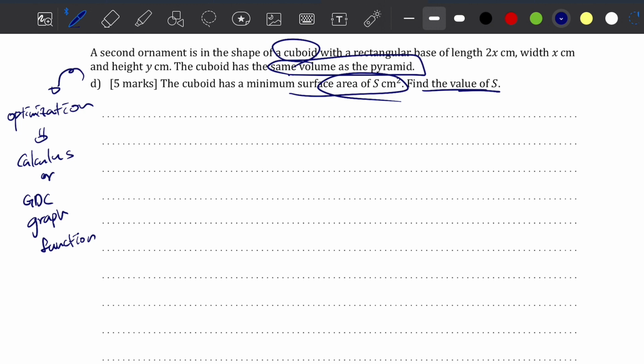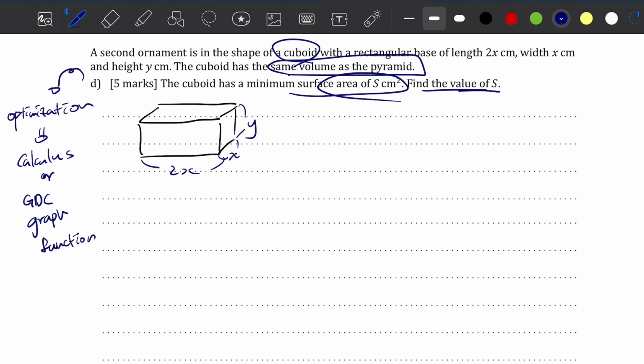Okay, so we have a cuboid, which is a shape like this. We know that one side has 2x as its length, another side has x, and another side has y.